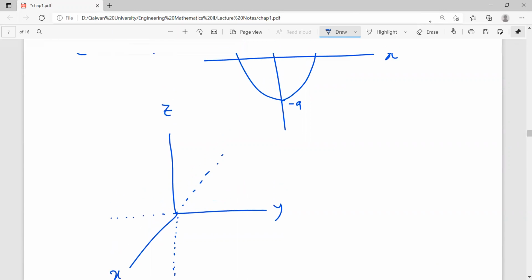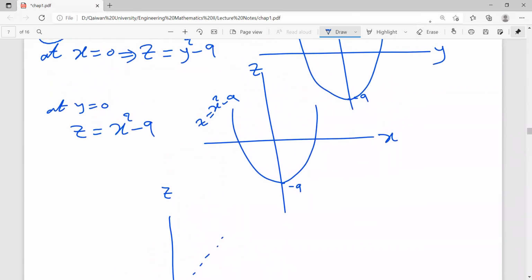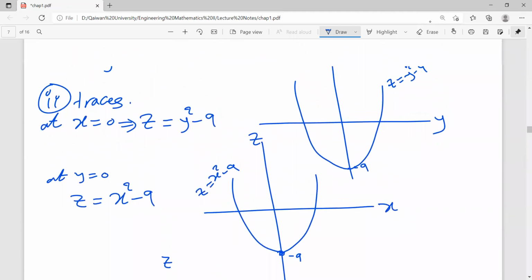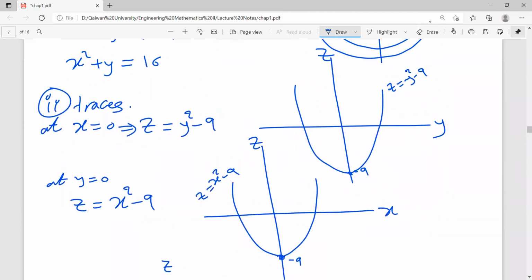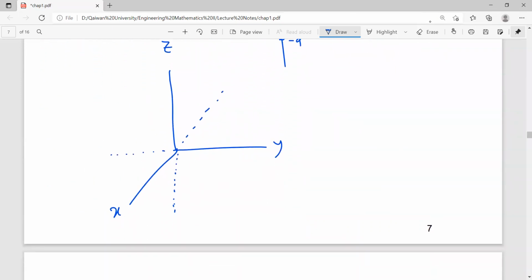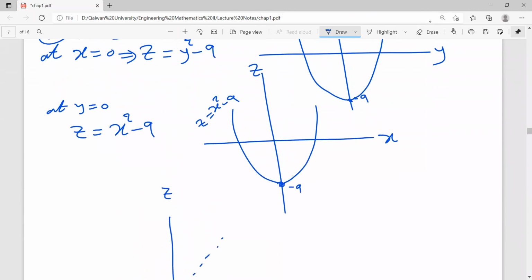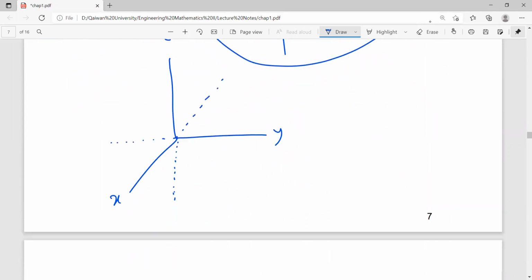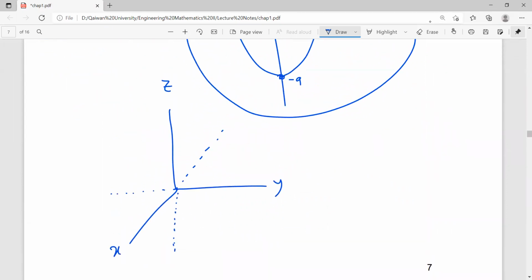Where is the function starting? As you see, it is starting from -9 and going up. One of these is between the z and x axes. So it goes up like this.